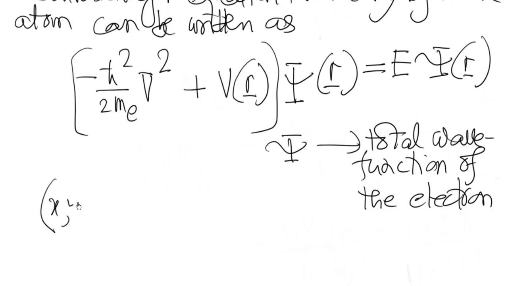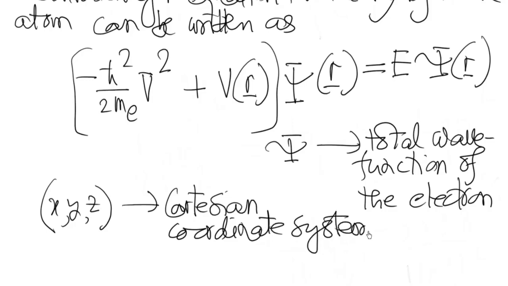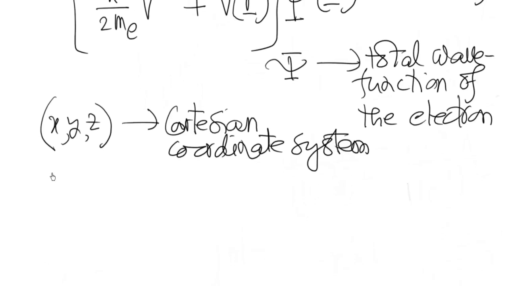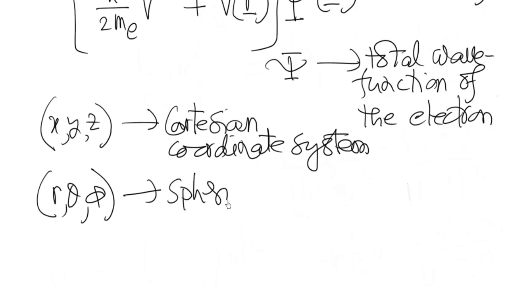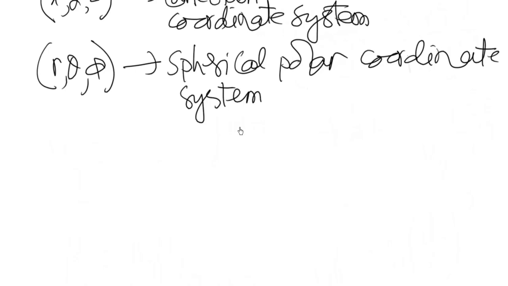So if x, y, z are the coordinates in the Cartesian coordinate system, and r, theta, phi in the spherical polar coordinate system, and if we draw this coordinate system, then it will look like this.